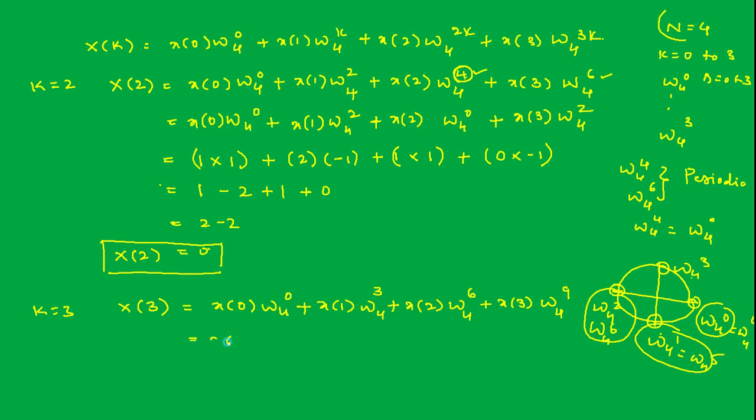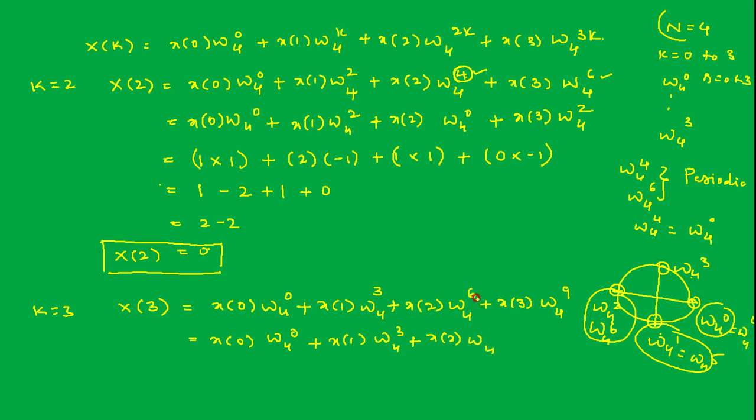Again x of 0 W4 to the 0 plus x of 1 W4 to the 3. Till now there is no problem. Now here x of 2 W4 to the 6, right?